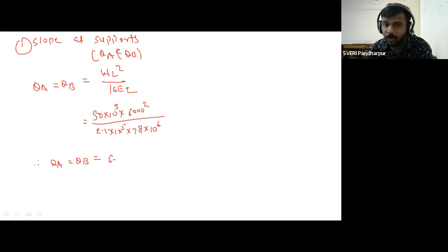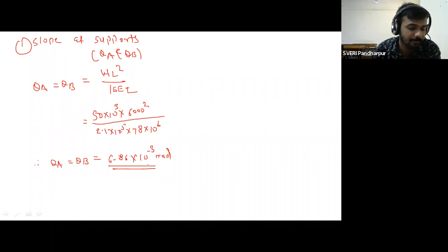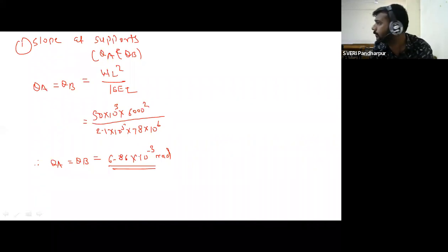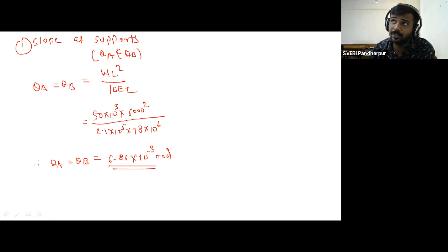Let's check. 6.86 into 10 raised to minus 3. This is radian. Please check your answer. WL square upon 16 EI.